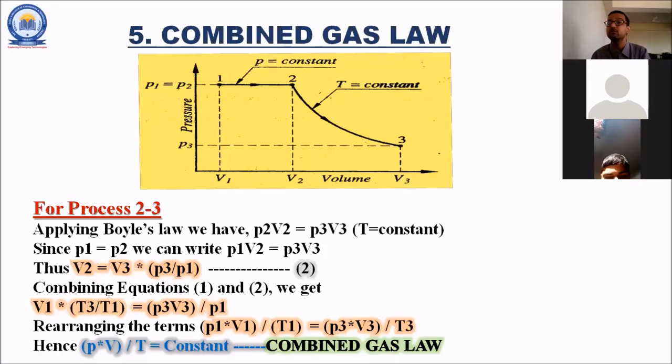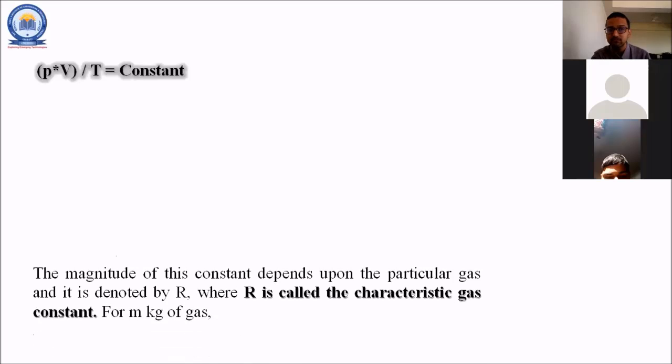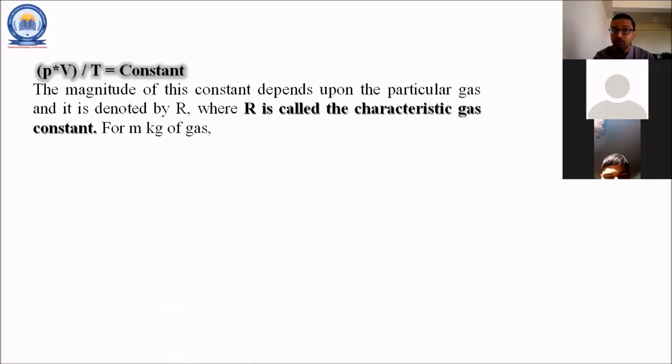This equation is known as the combined gas law, because in this equation we are getting the three parameters, pressure, volume and temperature, in the same relation. I hope you have understood this derivation perfectly. The steps are clear in your minds. Moving further with some other steps of the derivation, again taking the equation PV by T is equal to constant, the magnitude of this constant depends upon the particular gas.